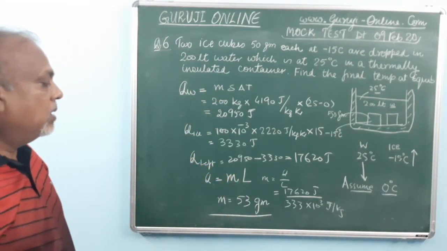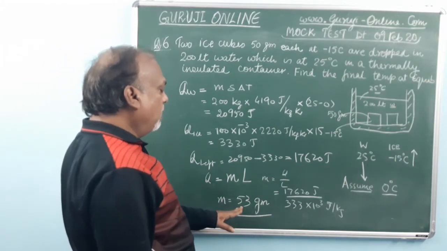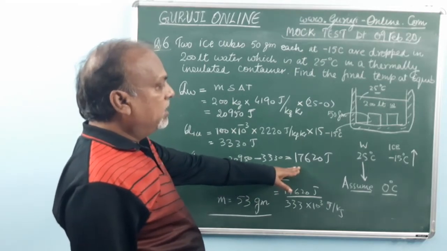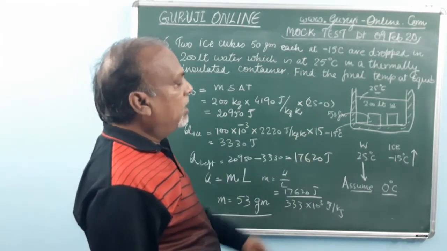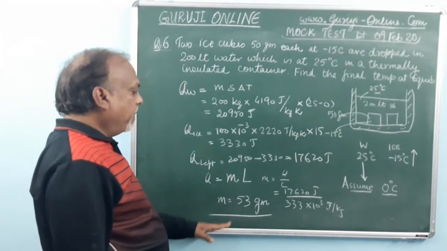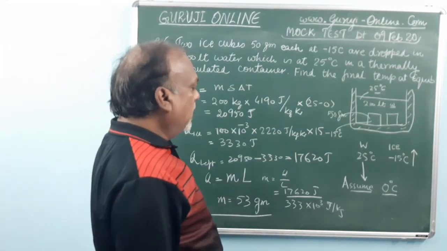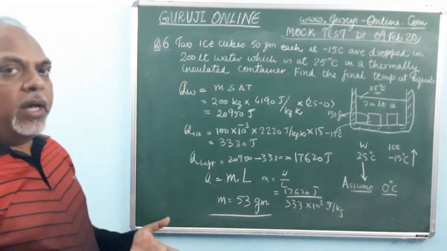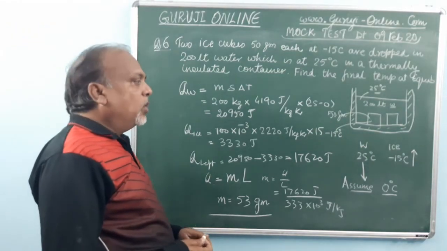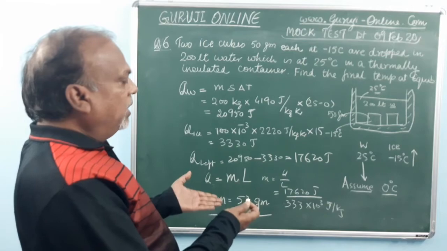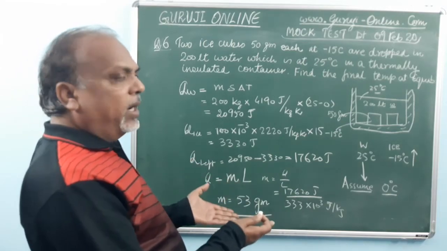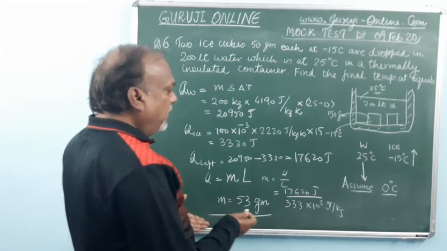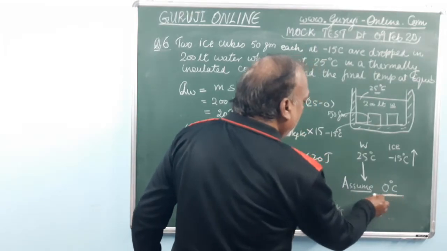Means only 53 gram could melt due to this energy. Means there is still ice there, because we have total ice as 100 gram. That means now there is no energy left. So this has come to thermal equilibrium, and thermal equilibrium means it has achieved only 0 degree.